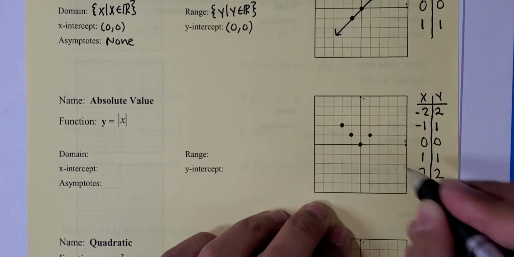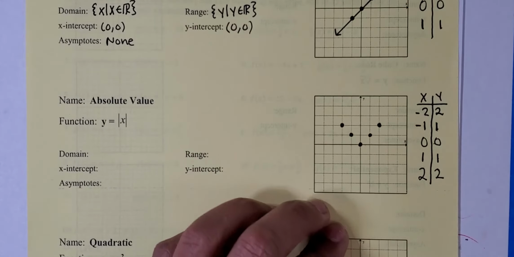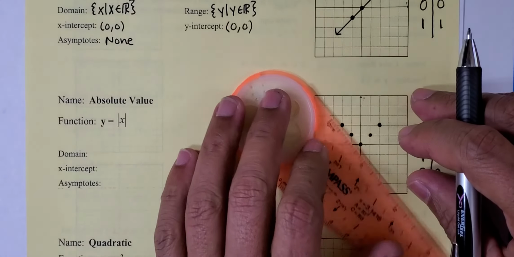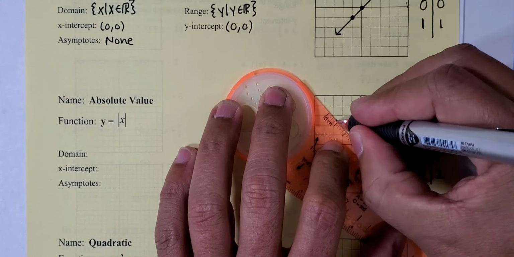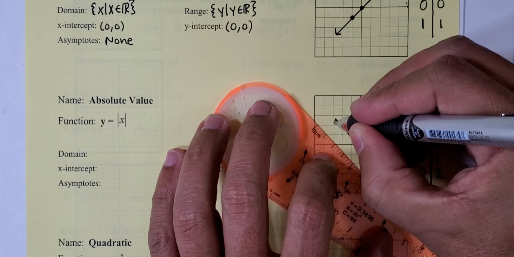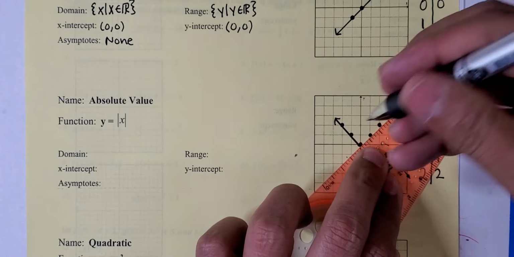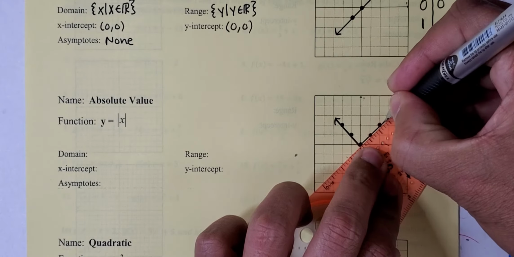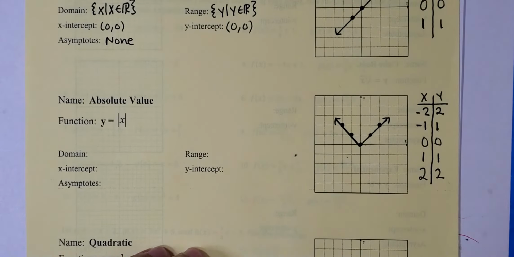And then when x is 2, y is 2. So there is that point. Next, I'm going to use my straight edge to connect the points and sketch the graph. So this is the left side of the graph, and this is going to be the right side of the graph. So this is a V-shaped graph.